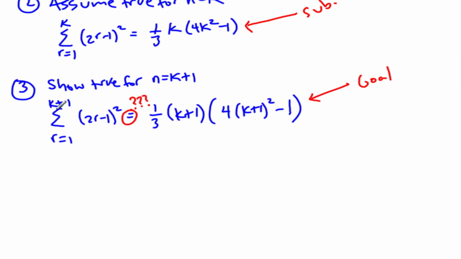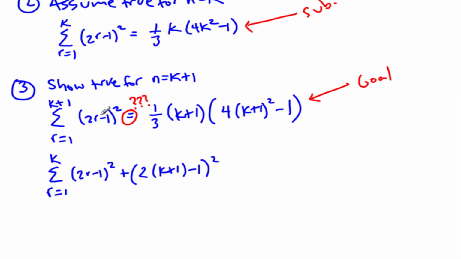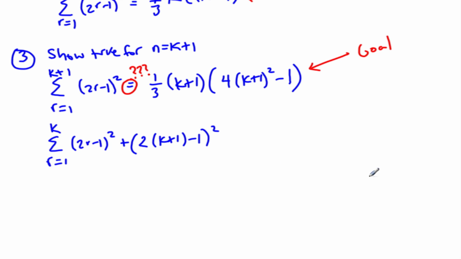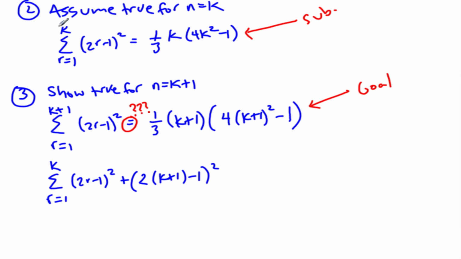So let's split this up. So the sum of r equals 1 to k of 2r minus 1 squared plus the k plus 1th term. So the very last term in this sum will be 2 k plus 1 minus 1 all squared. So all I did is I just put a k plus 1 into this term right here. Alright, so now we can do our substitution. We see here that this piece here is the same thing I have in step number 2.